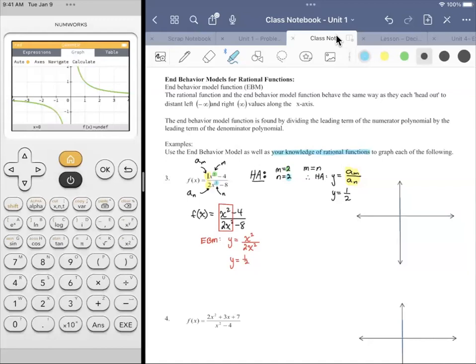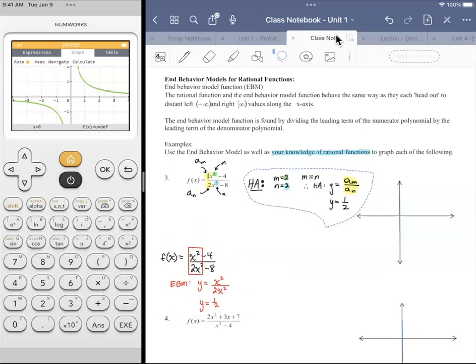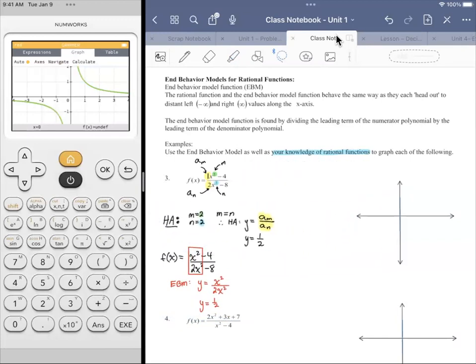So this end behavior model approach or the horizontal asymptote approach, they both gave us the same information. So this is an either or kind of deal.